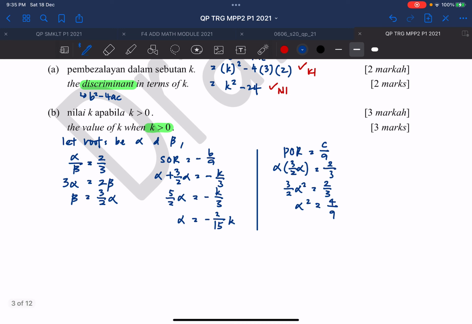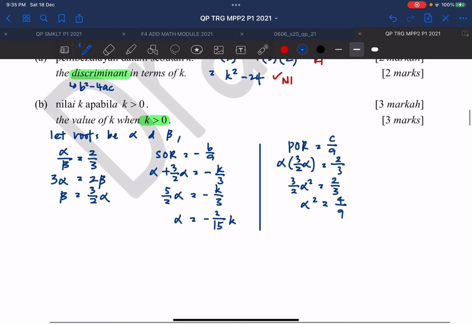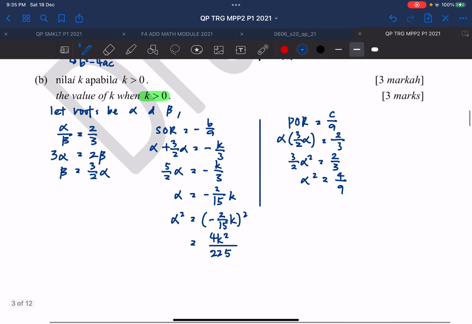So maybe we can try to square the left hand side for the sum of roots. So alpha squared will equal negative 2 over 15 k, squared. You should get 4k squared divided by 225. This is your alpha squared.